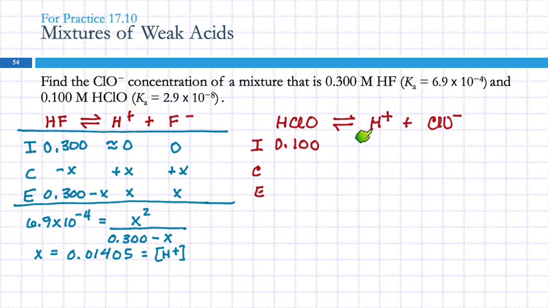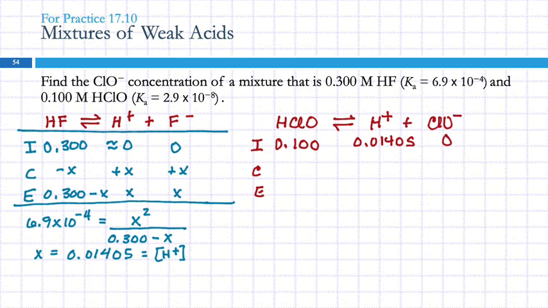Is the hydrogen ion concentration 0? No. It's this number that we just calculated. This is going to affect this equilibrium. So I put that number I calculated in here, 0.01405. What's the initial concentration of ClO minus? 0.